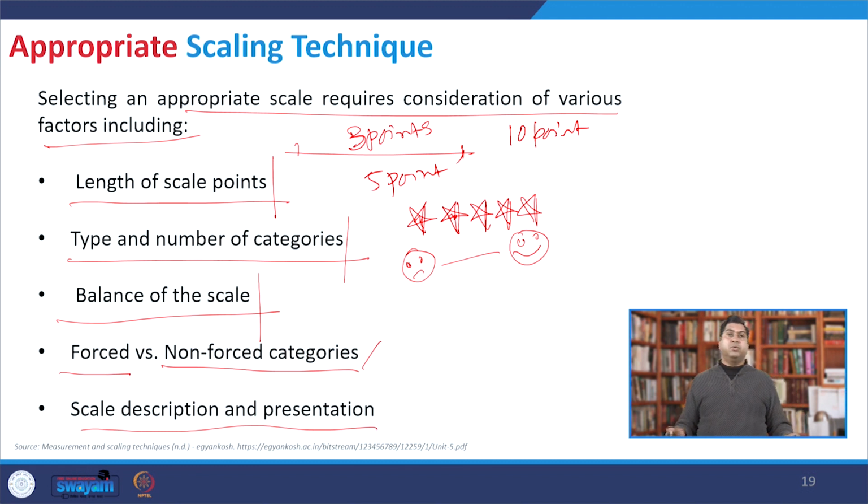So how you plan and design your questionnaire will play a crucial role, and you have to be careful about how it will be understood by the respondent. It is much more important that it is convenient and easy to read for respondents, so that they can answer it well.